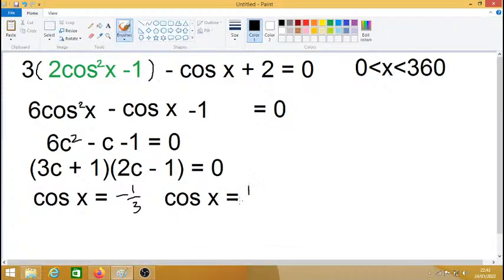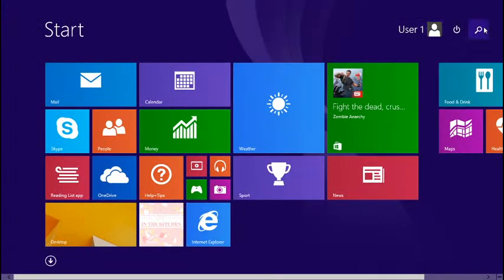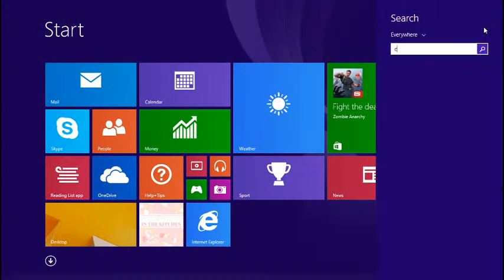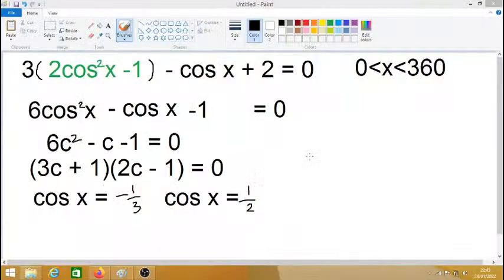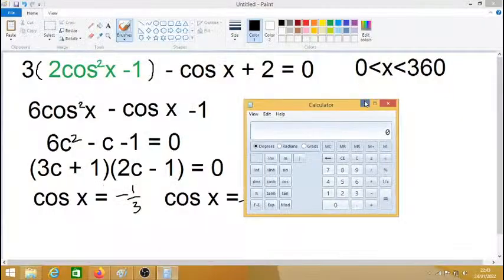And then you can just inverse cos them. So if you grab your calculator and inverse cos each answer, the easy part is to just inverse cos and you'll get your first answer. But then the harder part is to remember how do you get any answer after that.